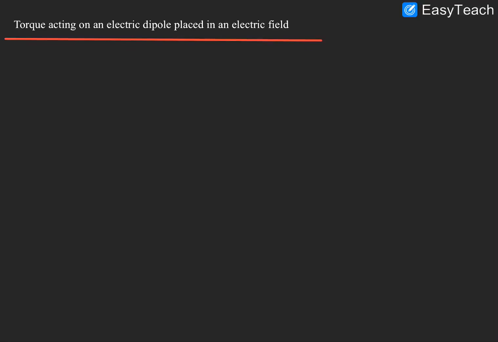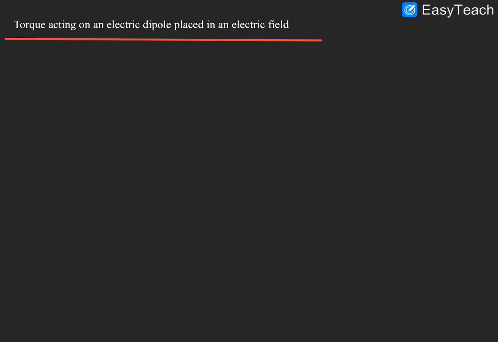Non-uniform electric field means the intensity differs depending upon the point. At some points there will be maximum intensity, at other points minimum, and at some others an average value. So the intensity varies, and such a field is called a non-uniform electric field.